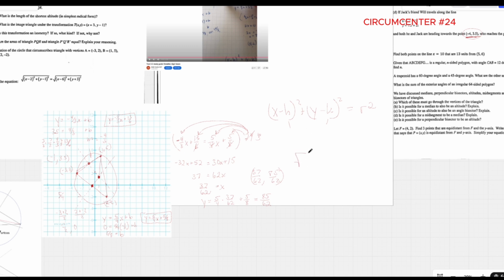The distance formula, it's x2 minus x1, I'll write it, squared. Probably I'm just gonna have to quit with these fractions.